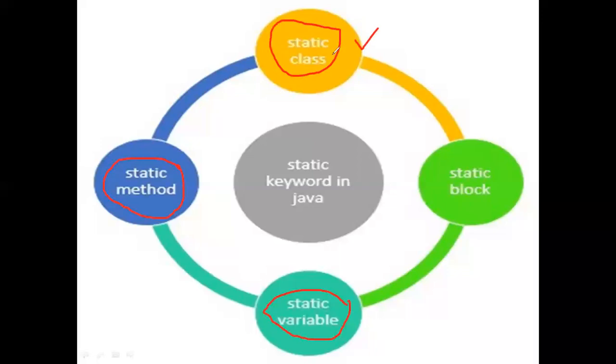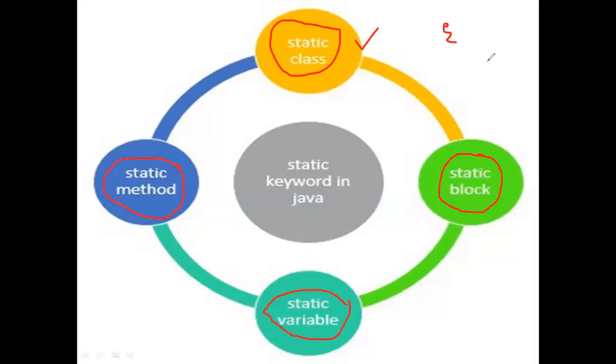Apart from the static classes, we are going to cover all these things. At the same time, we can also mention a block, which means a couple of open braces and closed braces.